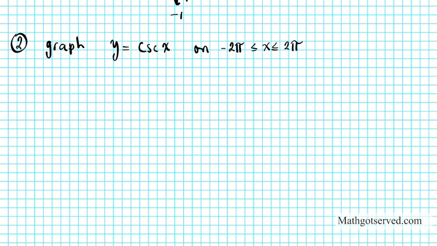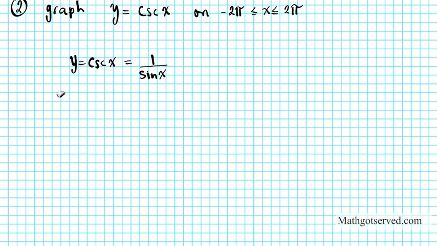Okay. All right. So first thing we need to know is when does this function have its asymptote? So what we have to do is write it as a reciprocal. So y equals cosecant x equals 1 over sine x. Okay, so anytime sine is 0, this function will have an asymptote.